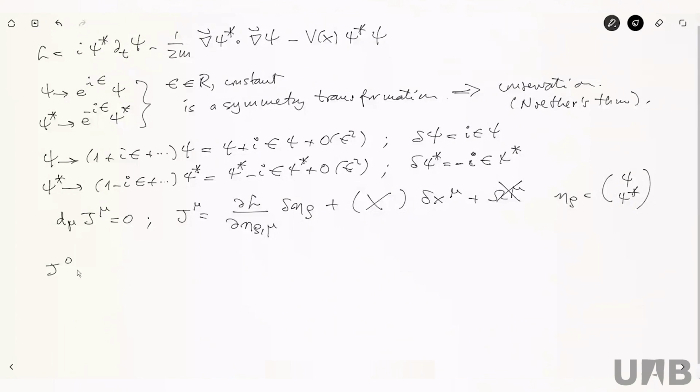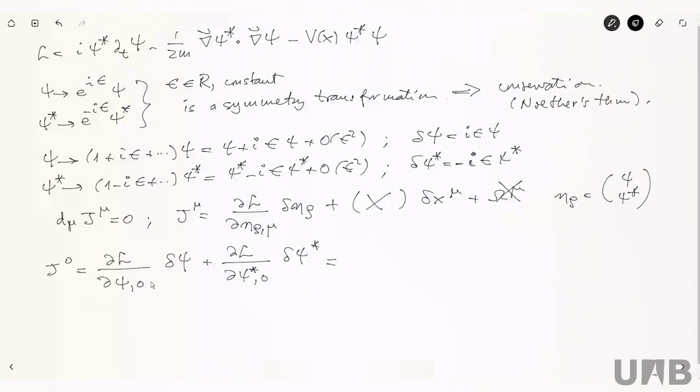J0 is the derivative of L with respect to ψ_{,0} times δψ, plus ∂L with respect to ψ*_{,0} times δψ*, right? I'm summing over ρ, so that means I have to sum over all the fields that I have. I have two fields in this case, ψ and ψ*. You guys agree? Yes.